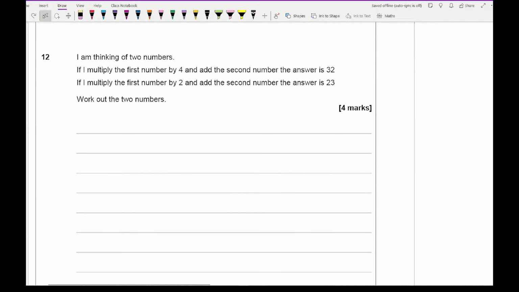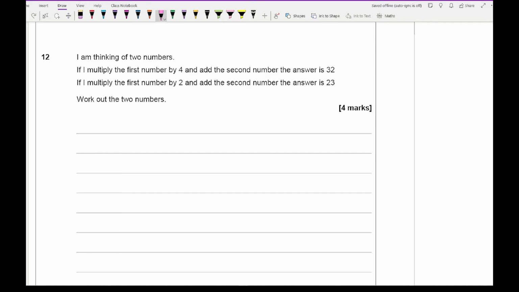For question 12, it says I'm thinking of two numbers. If I multiply the first number by 4 and add the second number, the answer is 32. If I multiply the first number by 2 and add the second number, the answer is 23. Work out the two numbers.